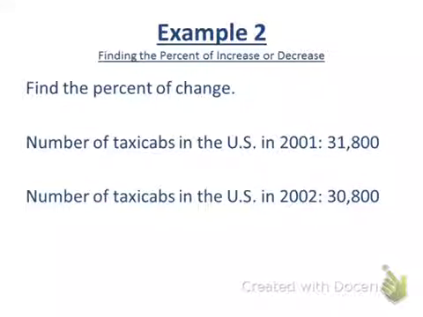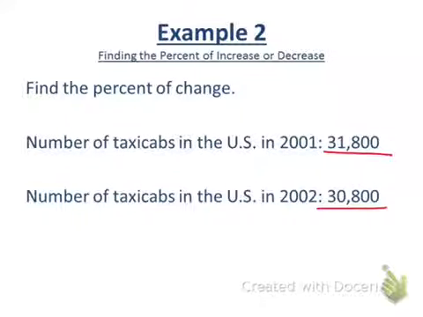Find the percent of change again. The number of taxi cabs in the U.S. in 2001 was 31,800. The number of taxi cabs in the U.S. in 2002 was 30,800. Interesting, right? 31,800 to 30,800.